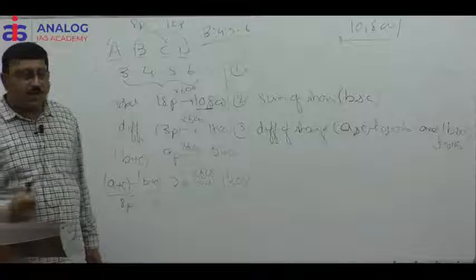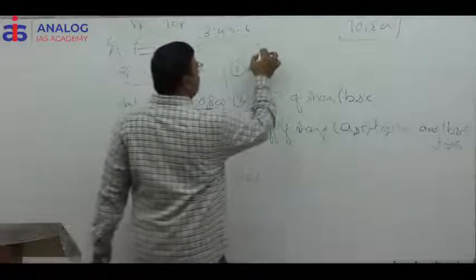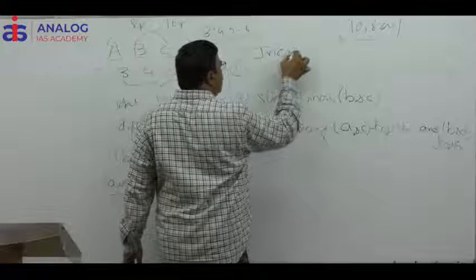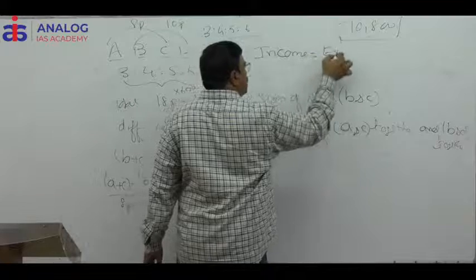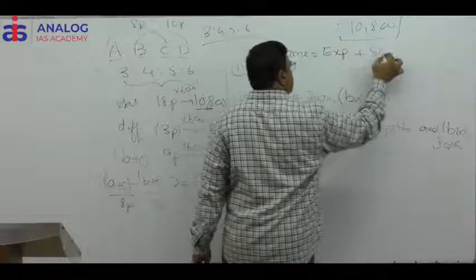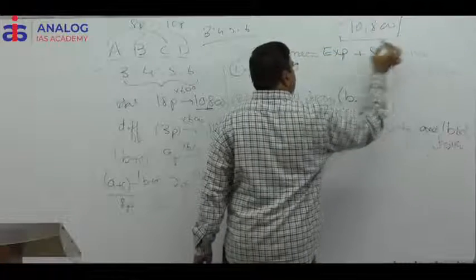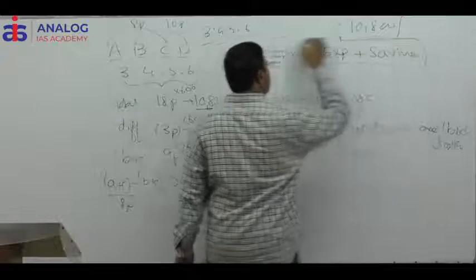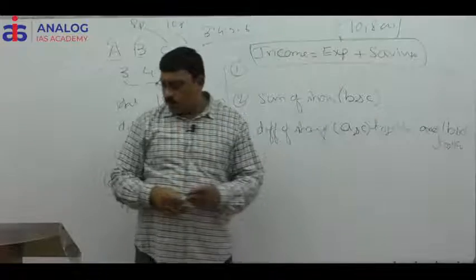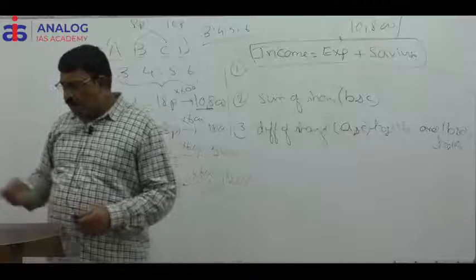So income is equal to expenditure plus savings. Make a note of this.